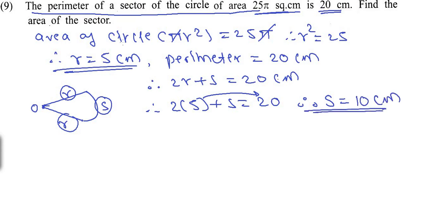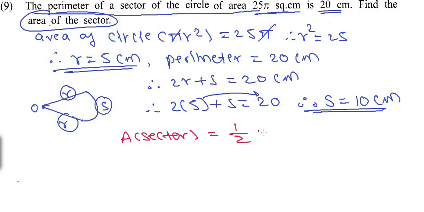Now what we have to find is area of the sector. Area of sector is given by the formula: half into r square theta. Let us write that as half into r into theta. We are writing r square as r into r, of course in radian angle. Now this r into theta is S, right?